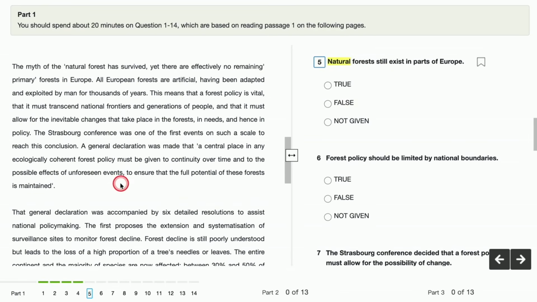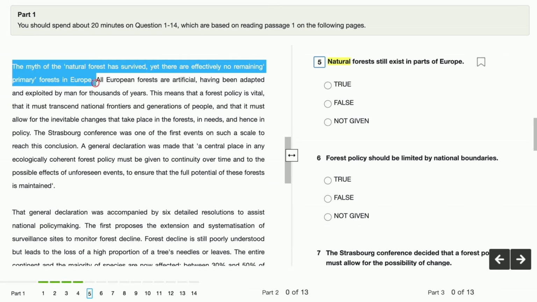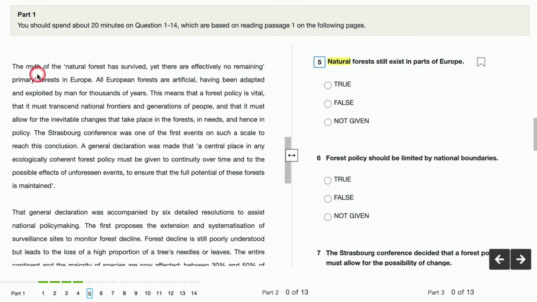As we read the next paragraph, we will notice that it mentions natural forests right at the beginning. So let's read this sentence carefully and see if it mentions natural forests still existing in parts of Europe. The myth of the natural forest has survived, yet there are effectively no remaining primary forests in Europe. All European forests are artificial, having been adapted and exploited by man for thousands of years.